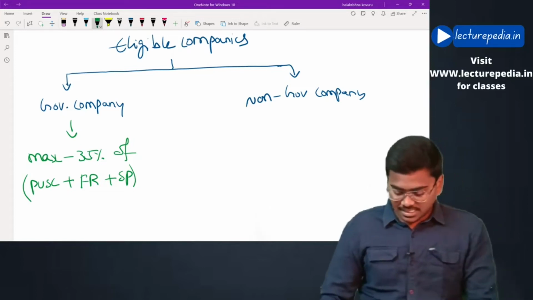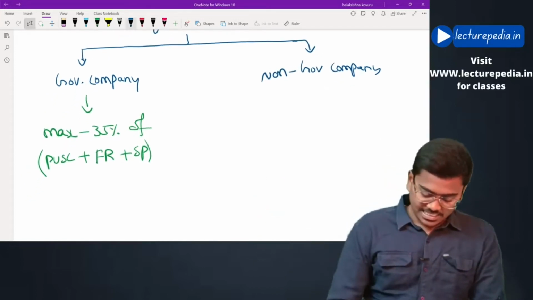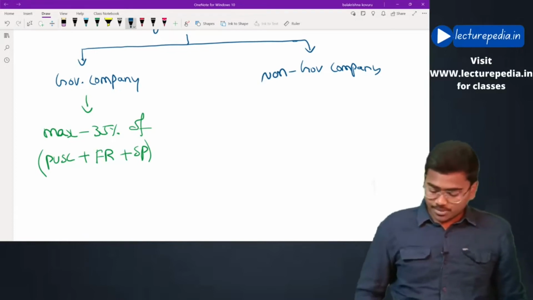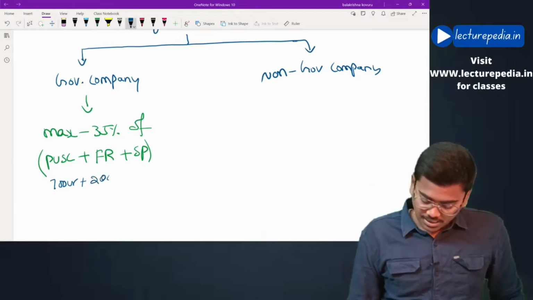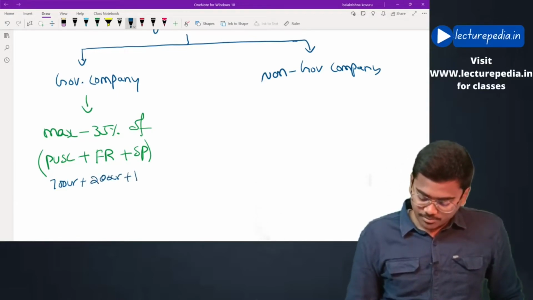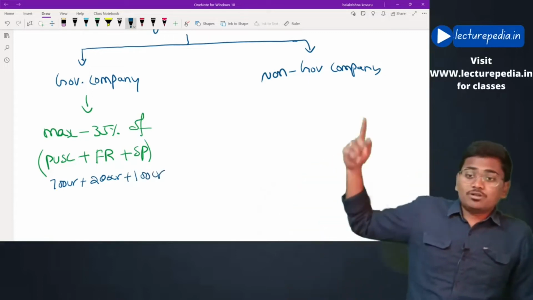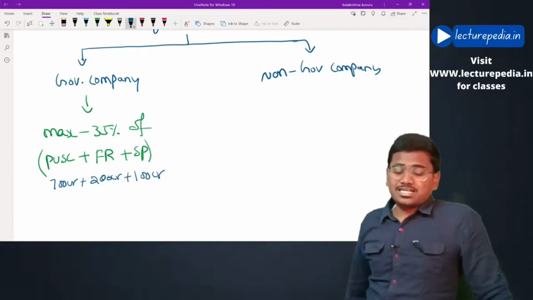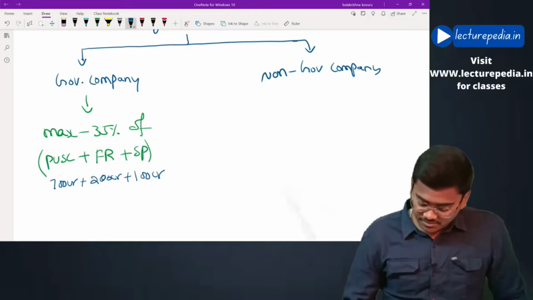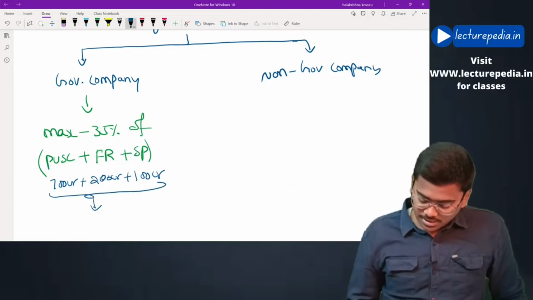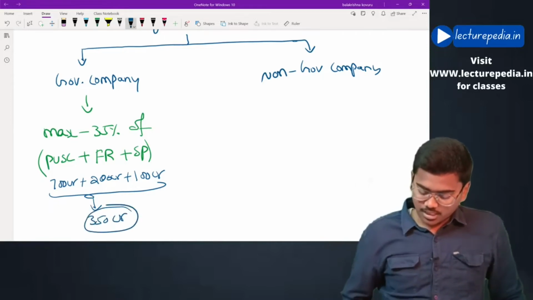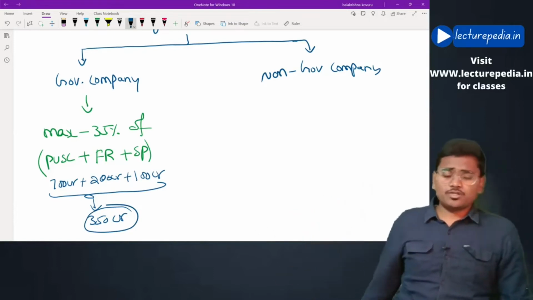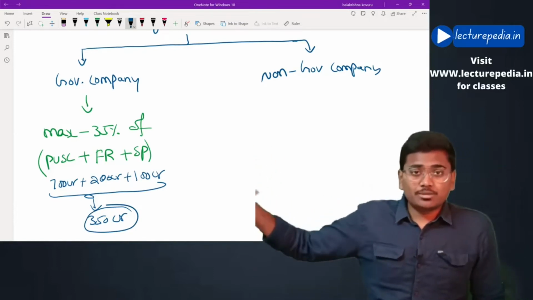Let's say the paid up share capital of this government company is some 700 crore, and free reserves is some 200 crore and security premium is 100 crore. Now what will be the maximum amount of deposits that can be raised by this government company? It will be 1000 crore multiplied by 35%, that would be 350 crore. This should be the maximum amount of deposits that the eligible government company can raise.